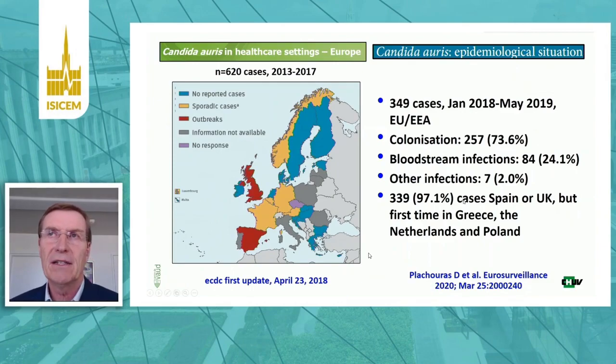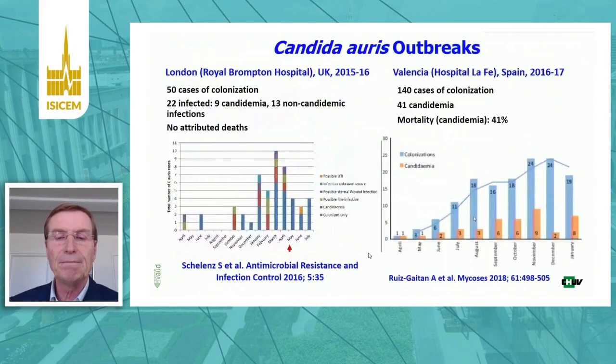And as you can see at the bottom part, almost exclusively the cases have been documented in Spain and the UK, but now we have reports of isolates in Greece, in the Netherlands, as well as in Poland. Here are 2 examples.